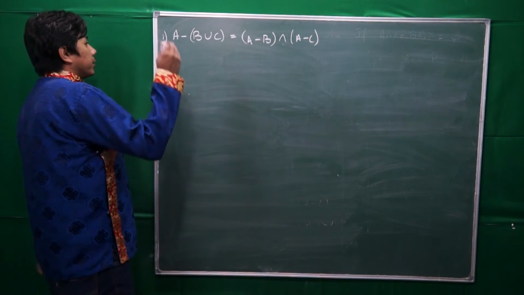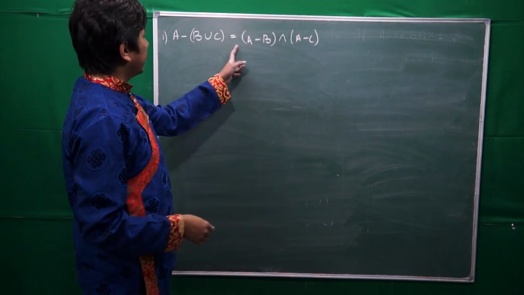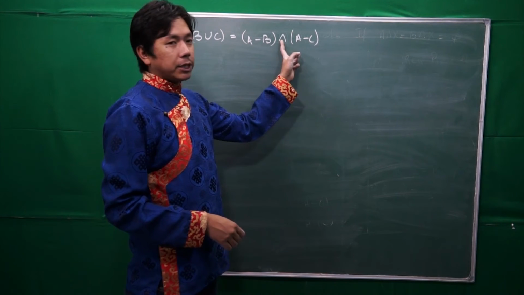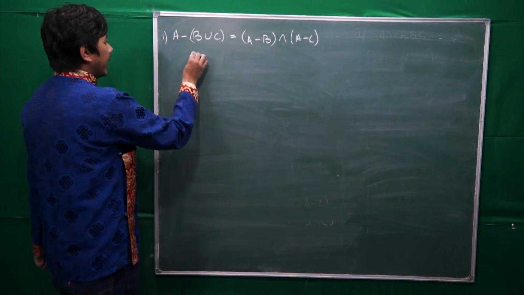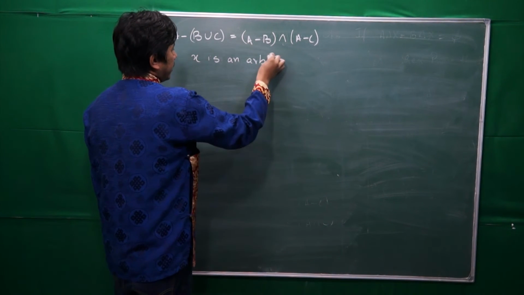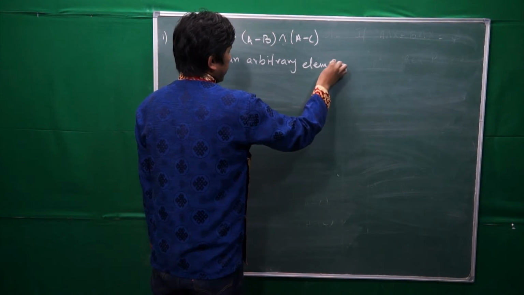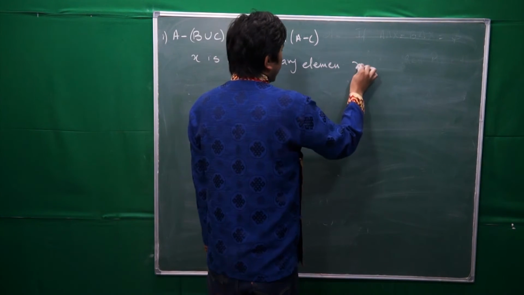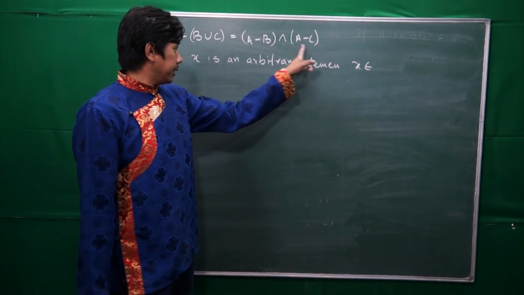So to begin with, we have A minus B union C equals A minus B intersection with A minus C. Now let's say X is an arbitrary element such that X belongs to this set.